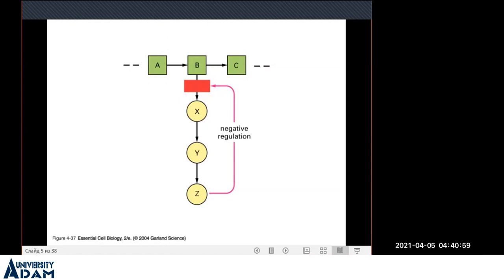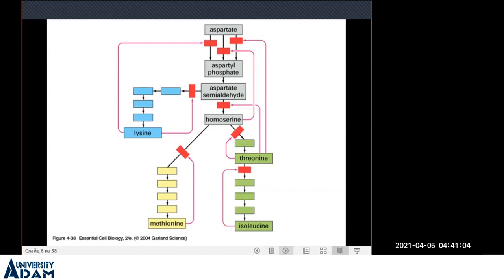It's an example of how aspartate is converted to aspartyl phosphate, and aspartyl phosphate is the second intermediate of the chemical reaction that produces specific amino acids like lysine, methionine, isoleucine, and threonine.